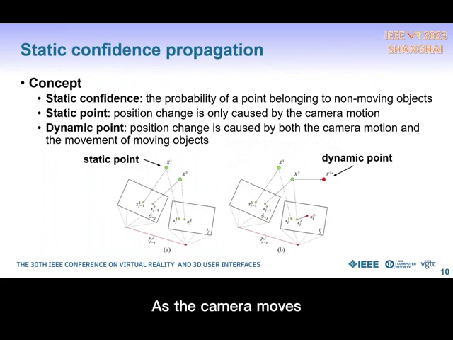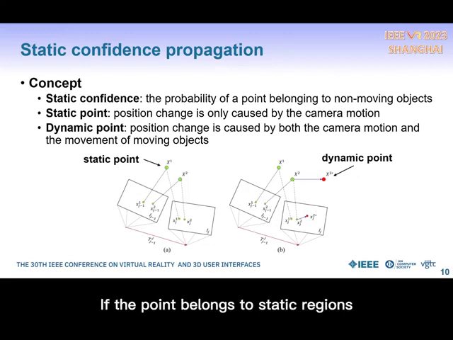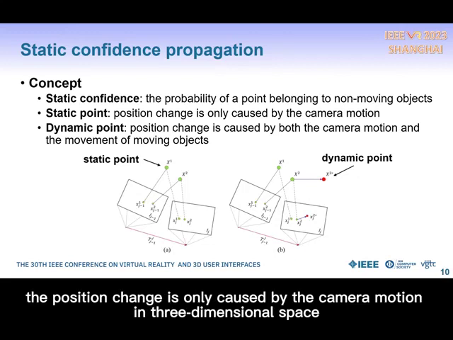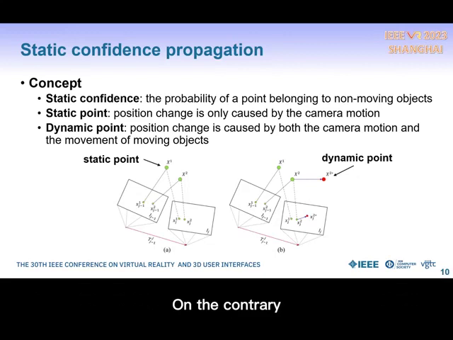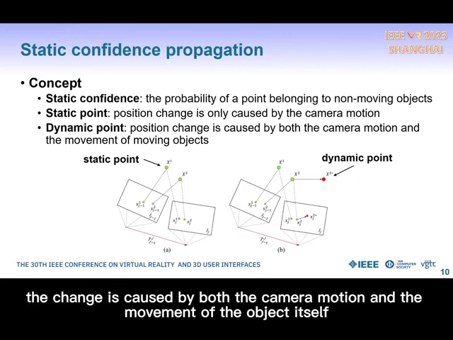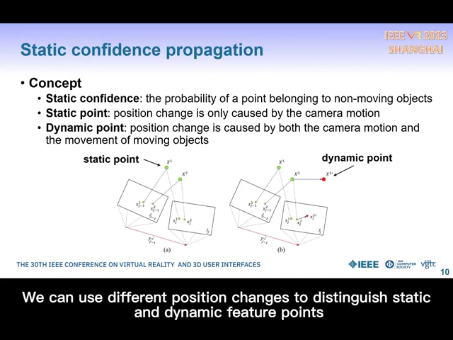As the camera moves, the point position changes. If the point belongs to static regions, the position change is only caused by the camera motion in three-dimensional space. On the other hand, if the point belongs to moving objects, the change is caused by both the camera motion and the movement of the object itself. We can use different position changes to distinguish static and dynamic feature points.